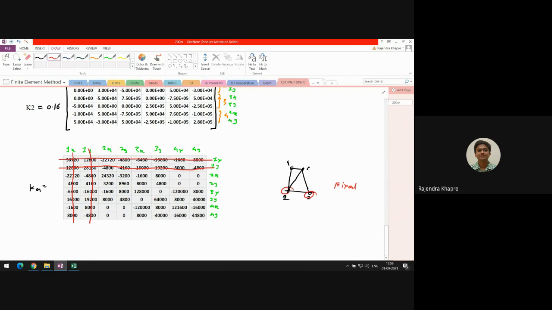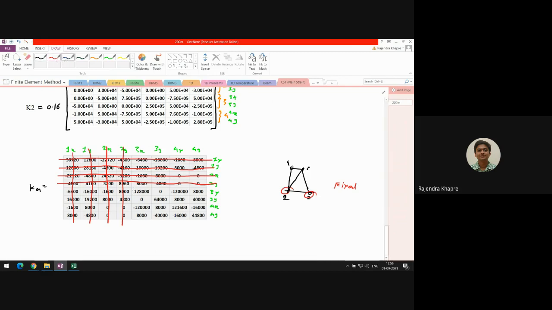Similarly, the second node is also fixed, so I'm just going to delete this entire portion, the second contribution in the x direction as well as in the y direction. So here this will also be going. As a result, what you are going to get is only this part.